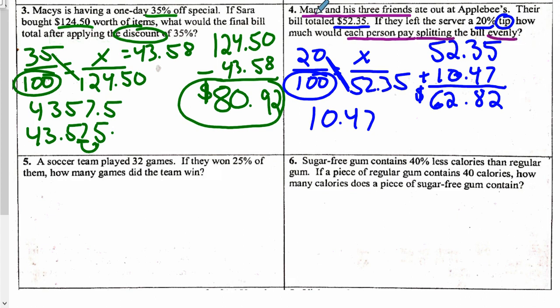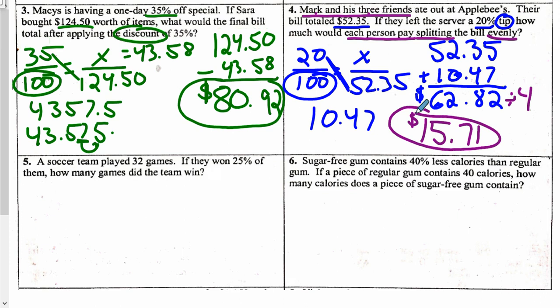So we have Mark and three friends, so that's four people. So we have to divide that 62.82 by the number of people, which is 4. And we would round that off to $15.71 per person. So that's how much Mark and his friends would each pay.